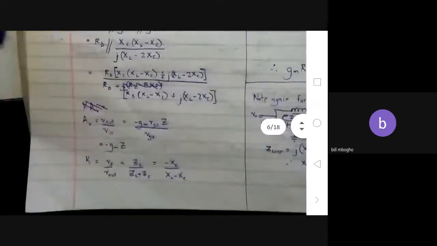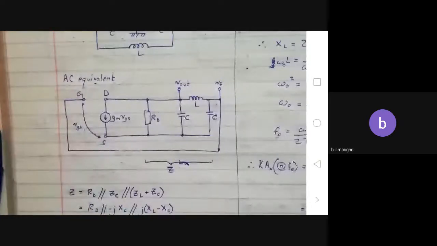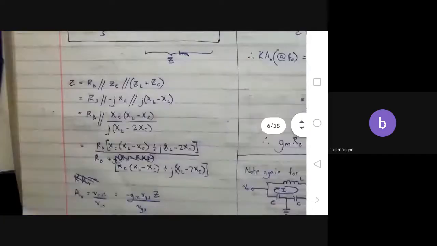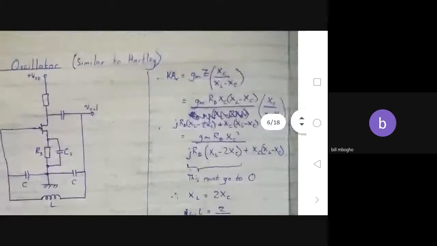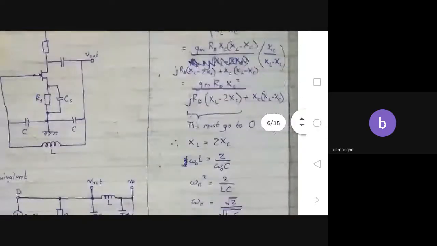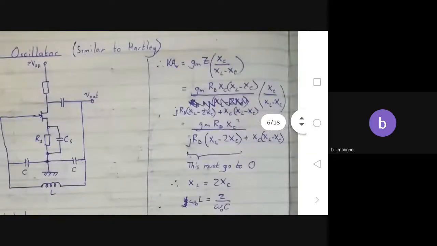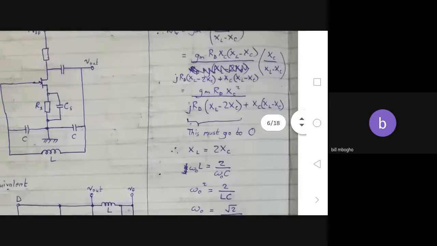K here will be different because it will now be the drop through this capacitor in that series LC part. So it becomes negative XC over XL minus XC. With that, it's more or less the same thing. You get your KAV here, and then you take the imaginary part to 0.